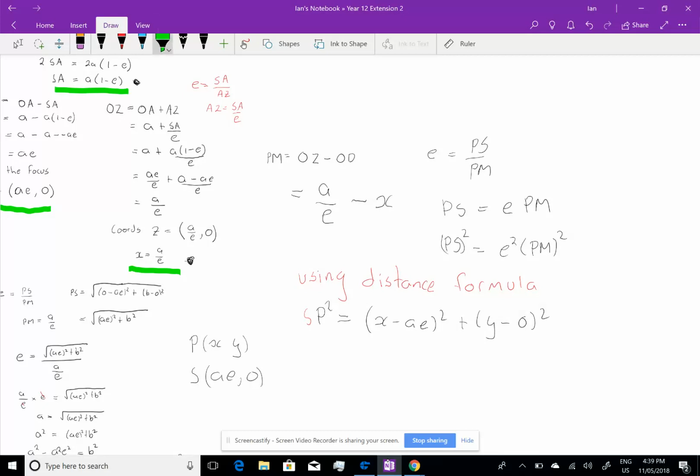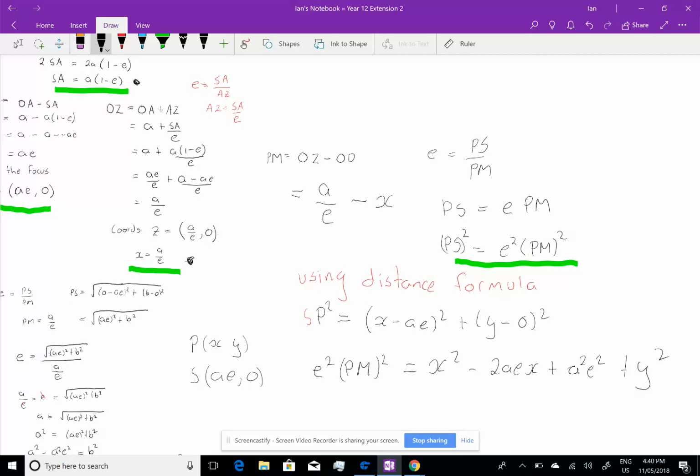But look here, we also know that SP squared or PS squared is E squared PM squared. So we'll put that in as well. So E squared PM squared. Let's expand this. We'll get x squared minus 2AEX plus A squared E squared plus Y squared.